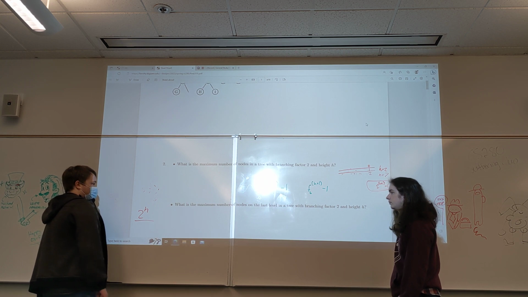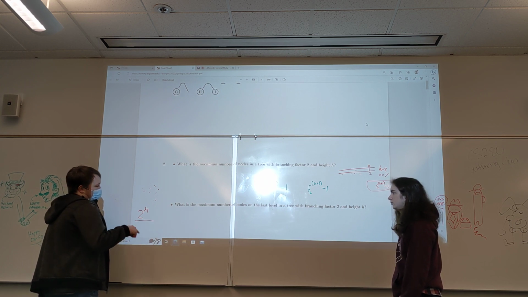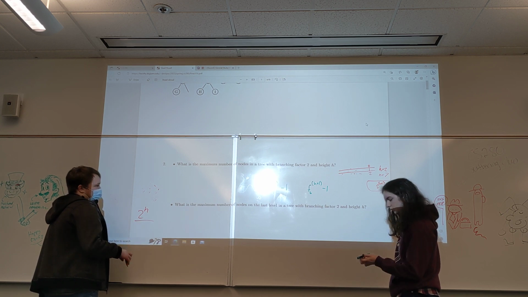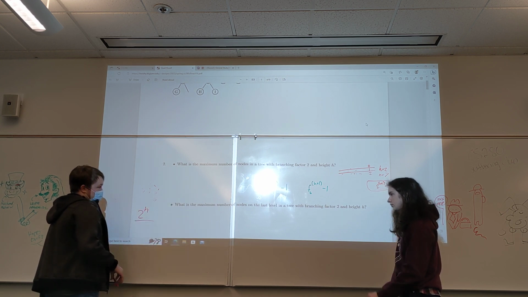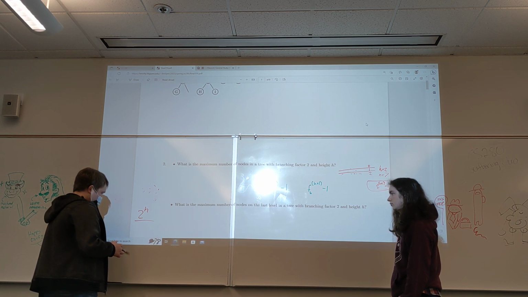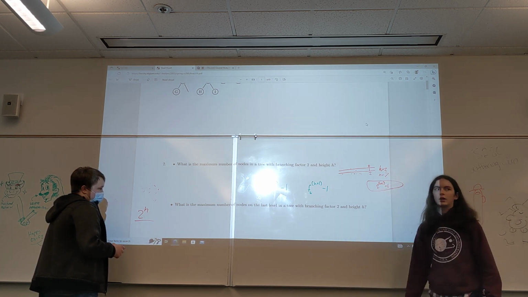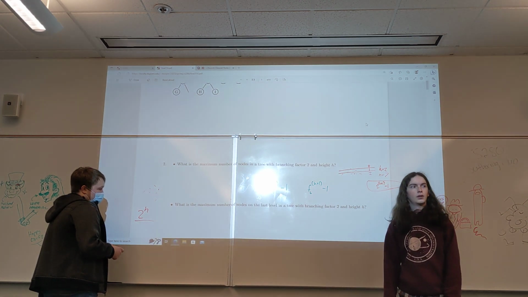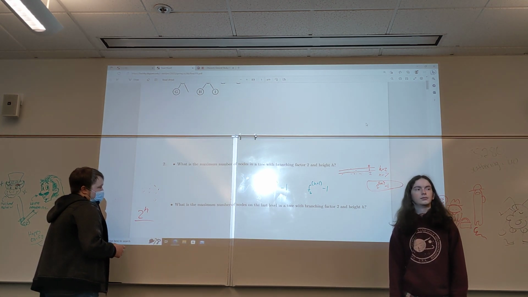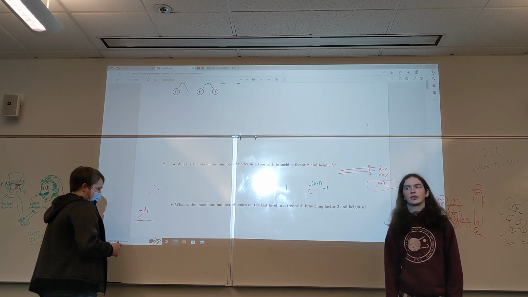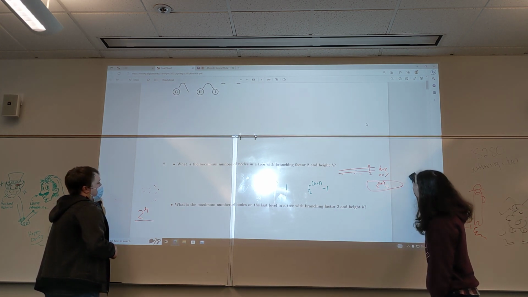The 2 to the something minus 1 is just the rest of them. Any questions? Branching factor is just how many children a node has, right? Yep, exactly. Cool.